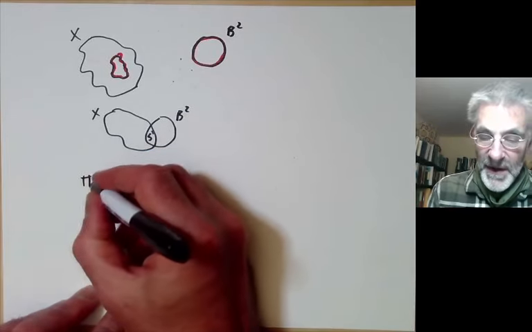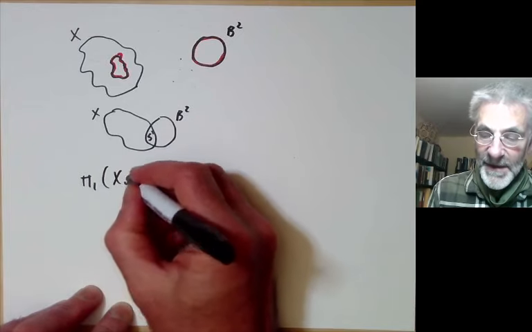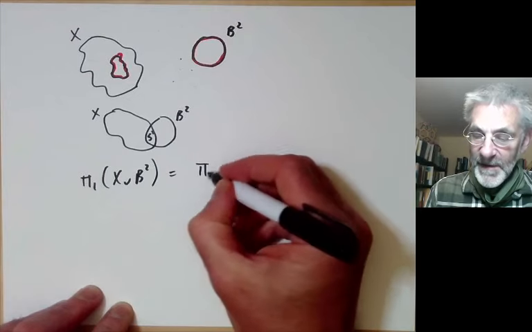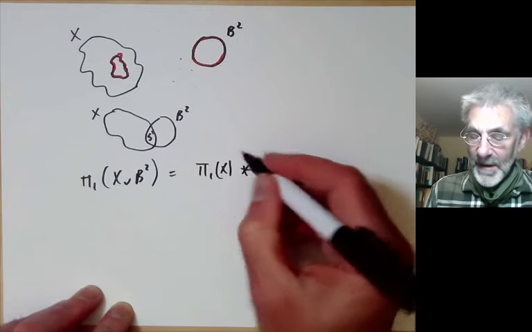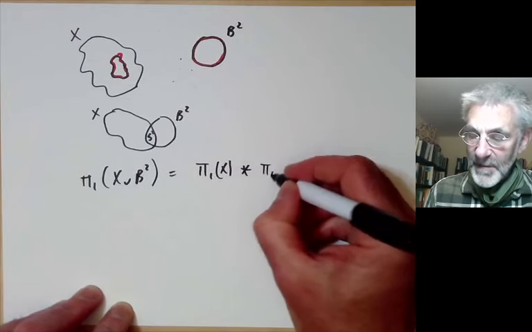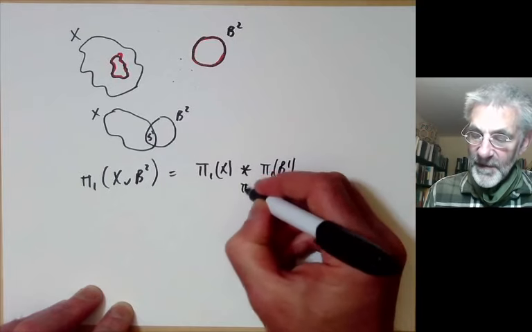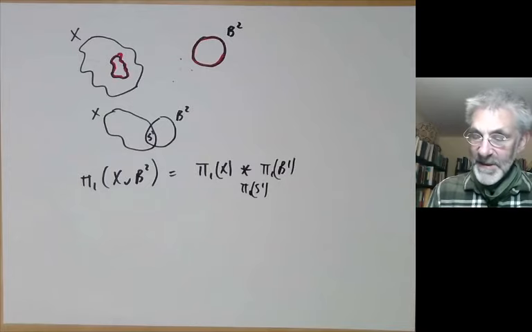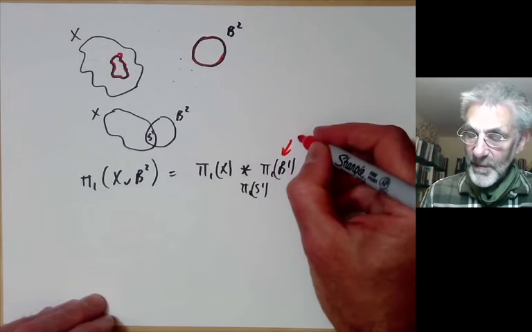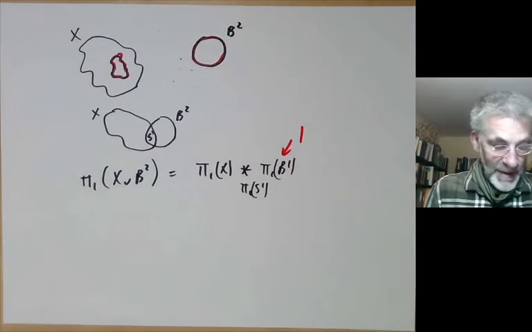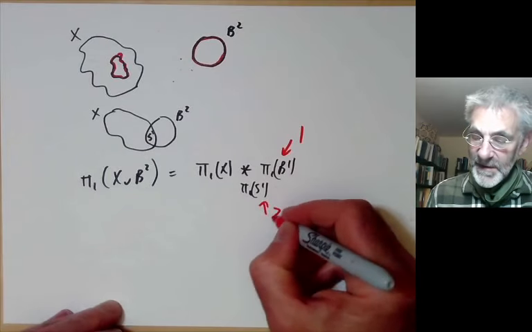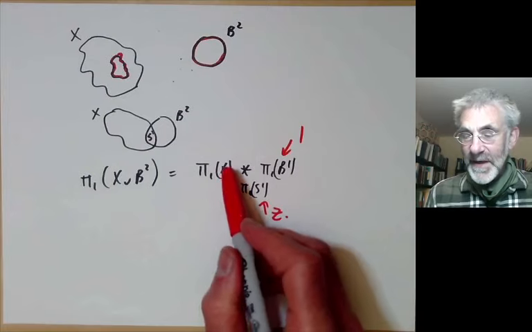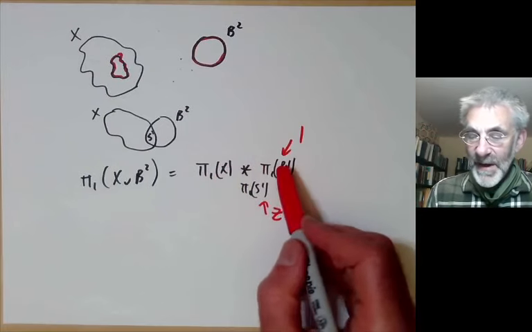So the fundamental group of X together with the 2-ball is going to be the fundamental group of X, and then we take the amalgamated product over the fundamental group of B2 over the fundamental group of a circle. Well, that's easy to figure out because the fundamental group of B2 is just a trivial group, and the fundamental group of a circle is just Z. So what we're doing is we're taking a Z inside pi1 of X and making it trivial.